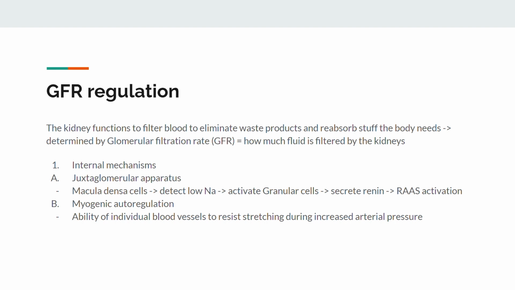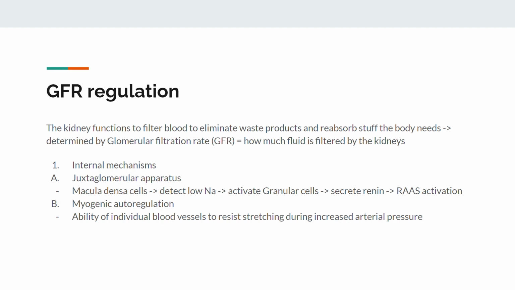This includes stuff like inducing thirst, it's going to vasoconstrict your blood vessels, and we'll learn a little about this, it actually will stabilize GFR, and it also works to activate aldosterone, which works to reabsorb sodium and water, and essentially works to try and increase your body's blood pressure to maintain GFR.